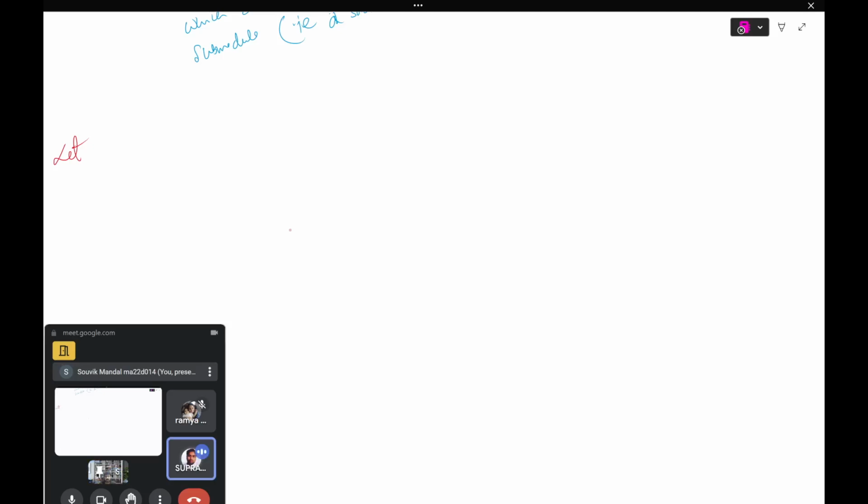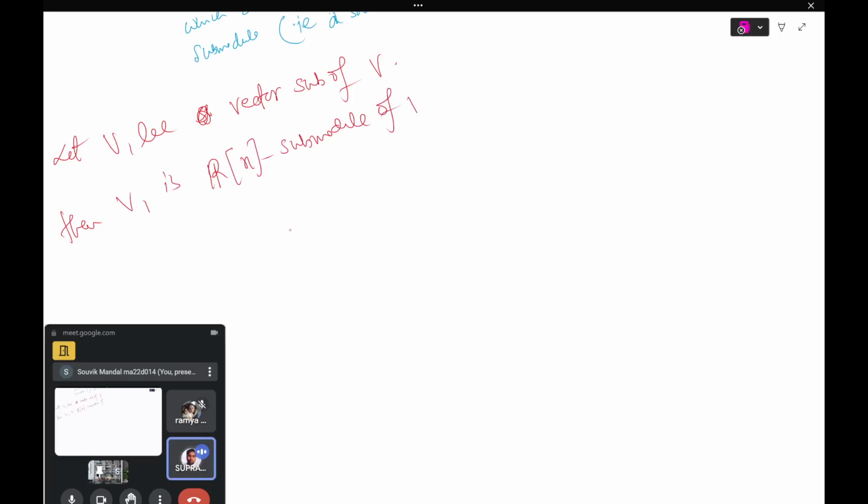For that, suppose V1 is a vector subspace of R3, then V1 is an R[x]-submodule.